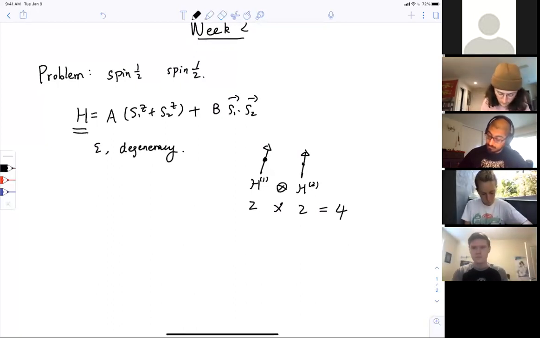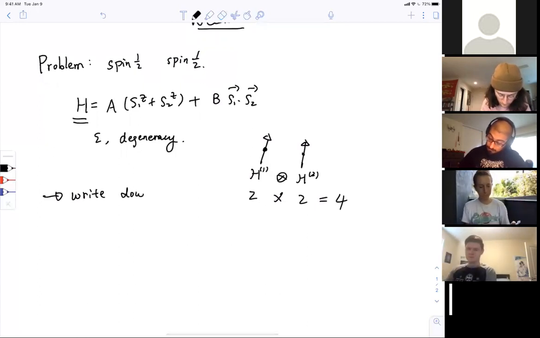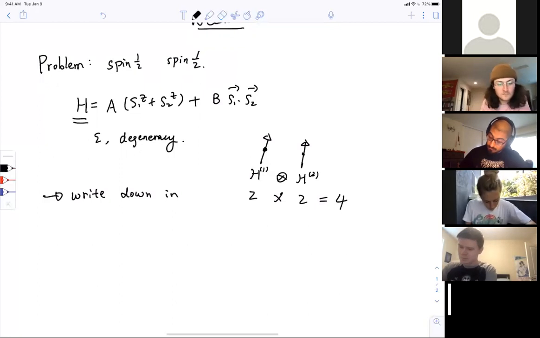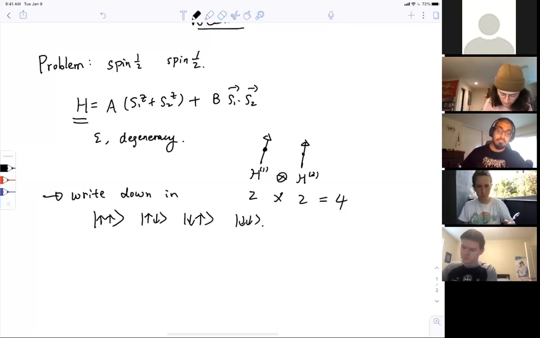And we know how to solve a 4x4 matrix, and it means we have two ways to solve it. First, you can write it in some specific basis. For example, in this case, we can write it in the up-up, up-down, down-up, and down-down basis.